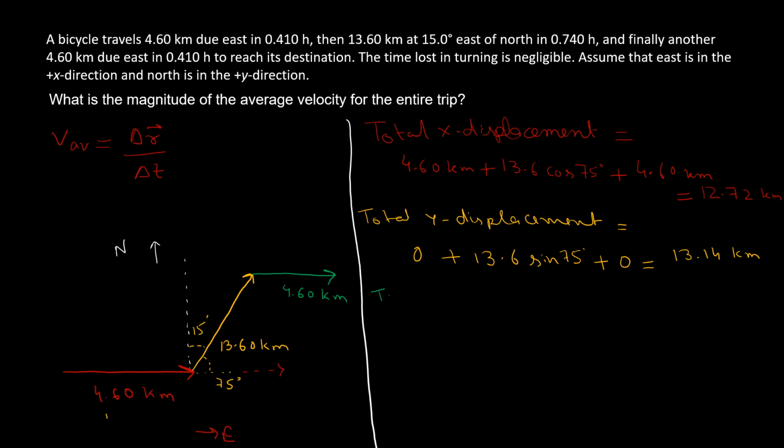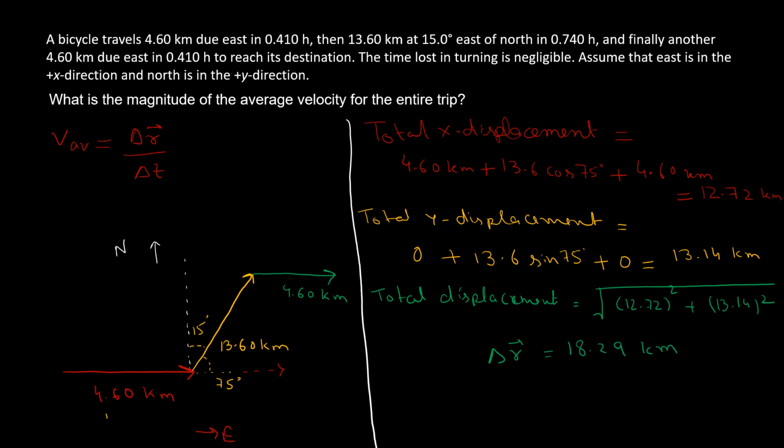So now our total displacement will be equal to the square root of 12.72 squared plus 13.14 squared. When you calculate this, you will get delta R equals 18.29 kilometers.